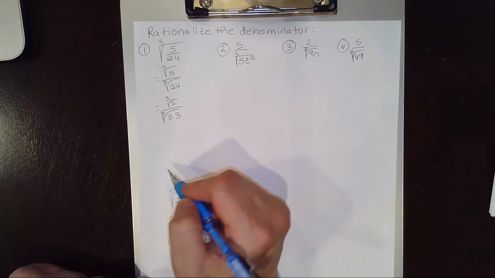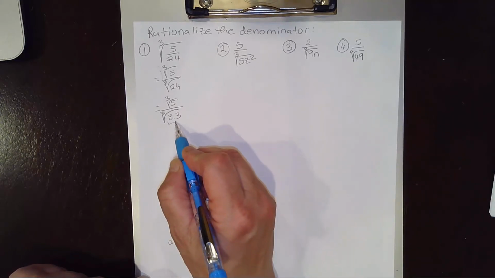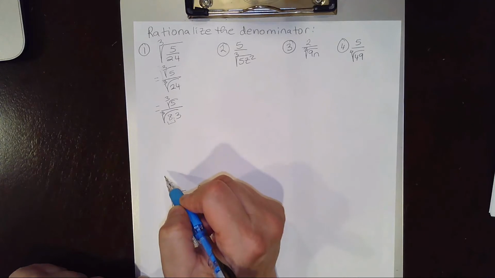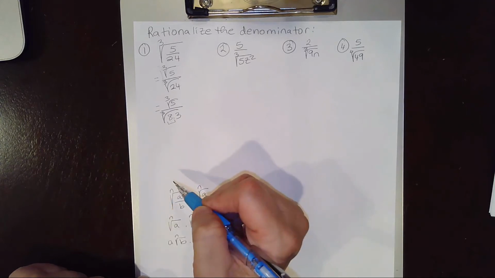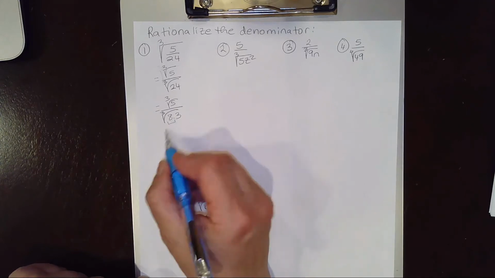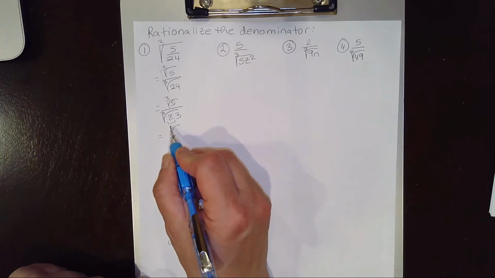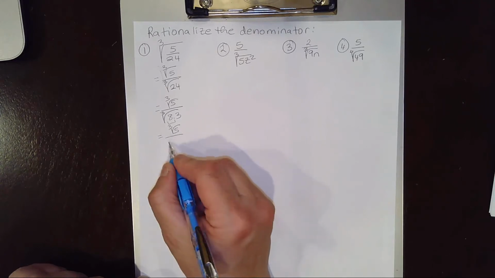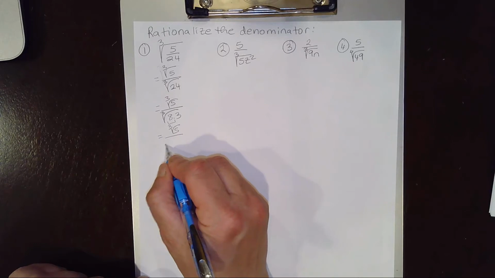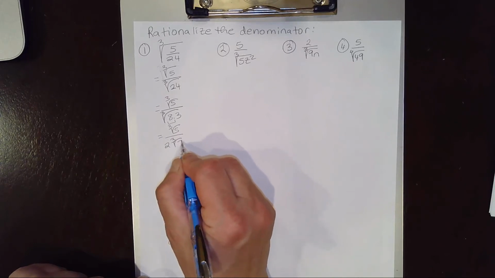And the cube root of 8 comes out as 2. Remember, 2 cubed is equal to 8. So that's going to give us cube root of 5 divided by 2 cube root of 3.